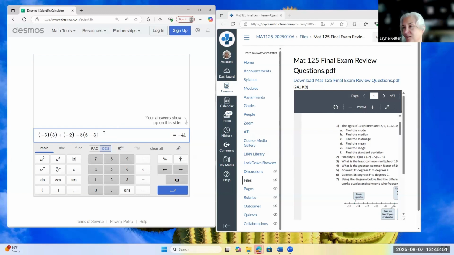Does that answer the question about number 2? Yes, and that would also take care of 8. So if you type it into Desmos pretty much exactly as it is, the order of operations would be that it would first do this because that's in the parentheses.